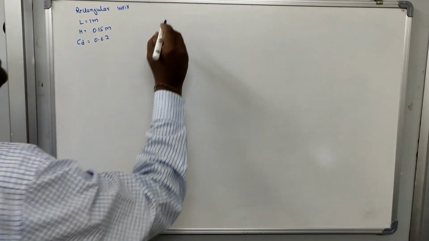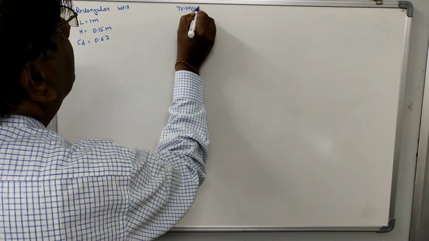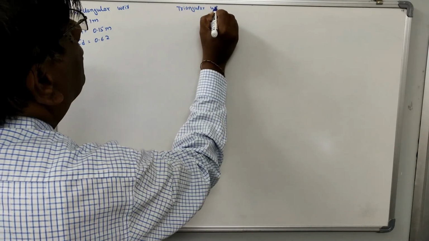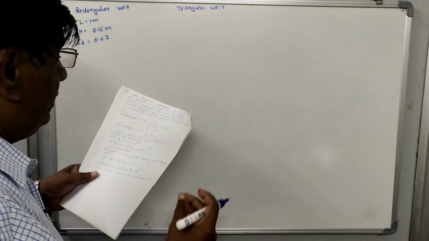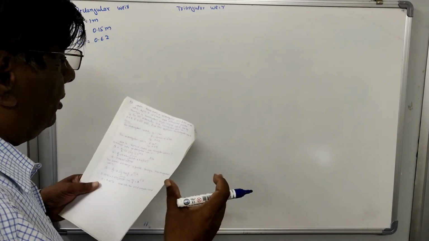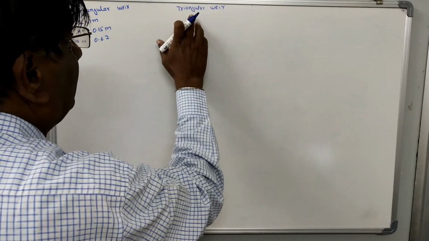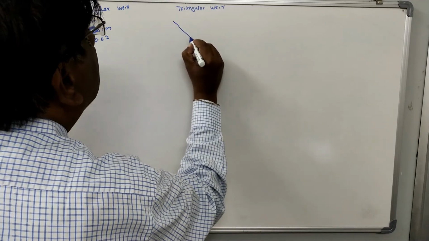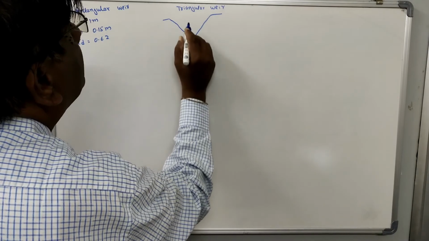Then next is the triangular weir. This is the triangular weir. This is a right angle triangle, this is the shape. This is the right angle triangular weir.